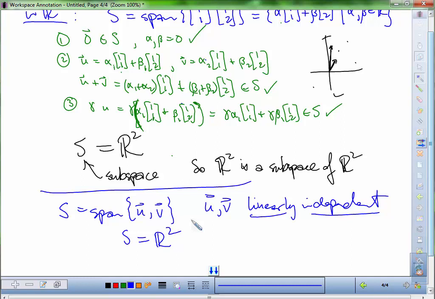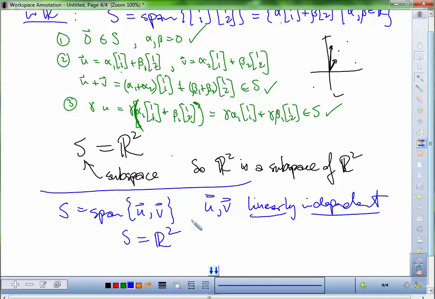Why were we showing R2 as a subspace of R2? Because now we've shown that, how many possible subspaces of R2 do we have, and how do they look? If I'm just looking at R2, we have an infinite number of them, but what kinds of subspaces do they look like?